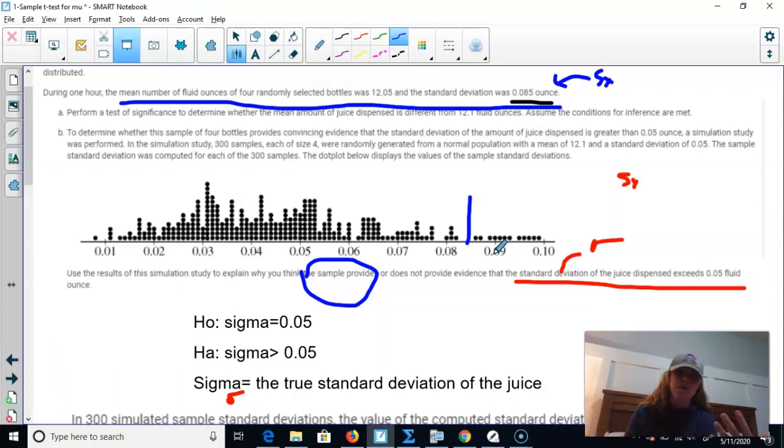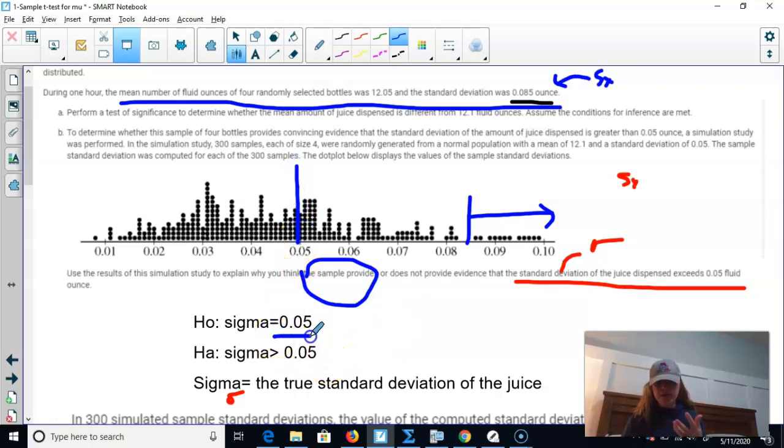That's what we learn when we're doing simulations, and now this is tied to what we've been doing with significance testing. So we have a statistic, and what is a p-value? A p-value is the probability of getting a statistic as extreme or more extreme than what we calculated, given the null hypothesis is true, the 0.05.